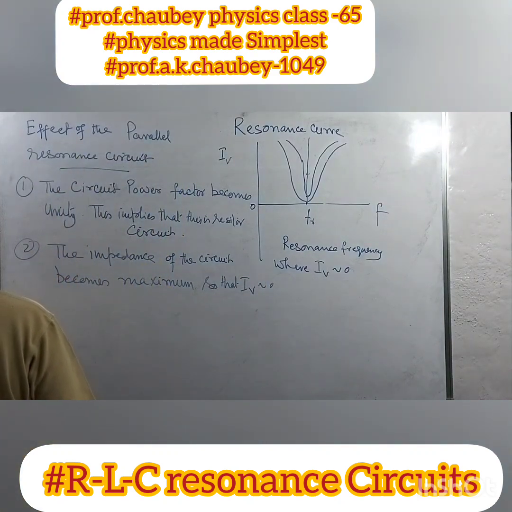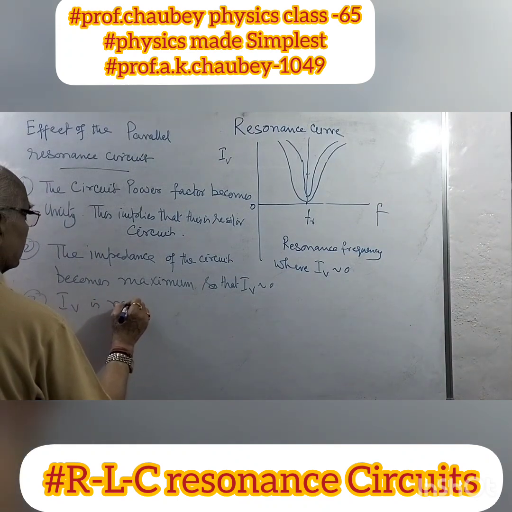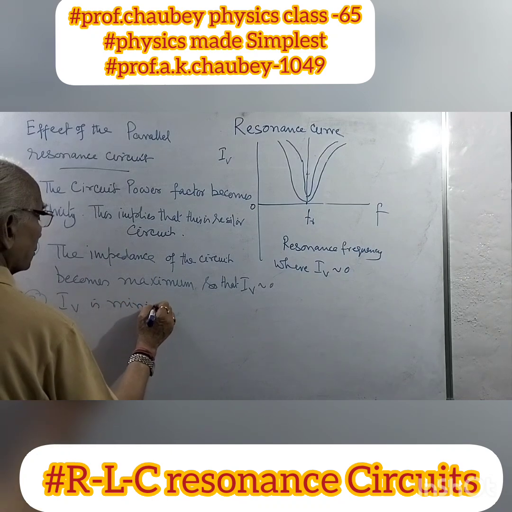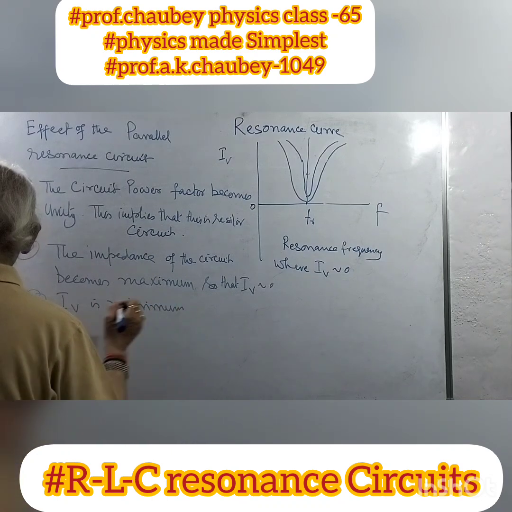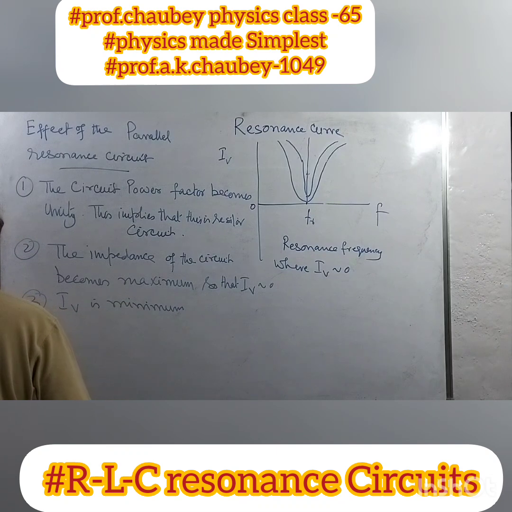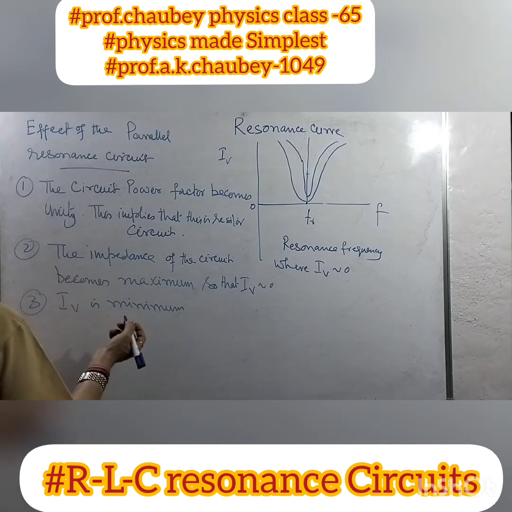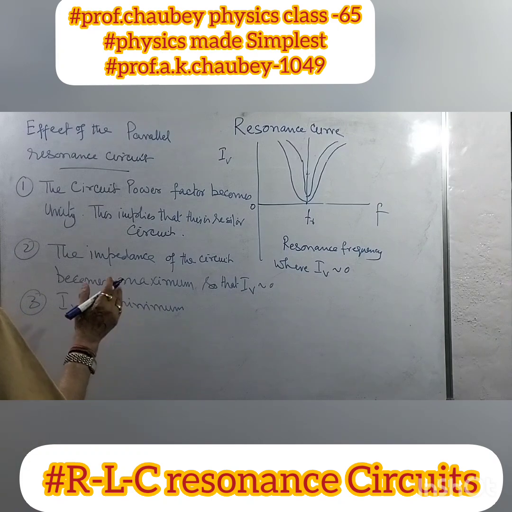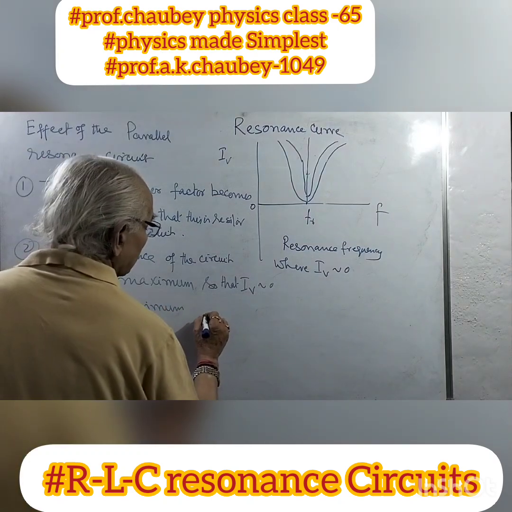The circuit current is minimum, that means IV is minimum. There is a small current IV flowing in the circuit. So this is the rejector circuit.